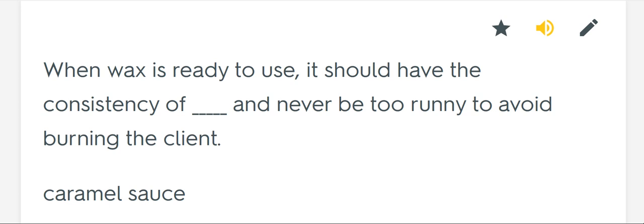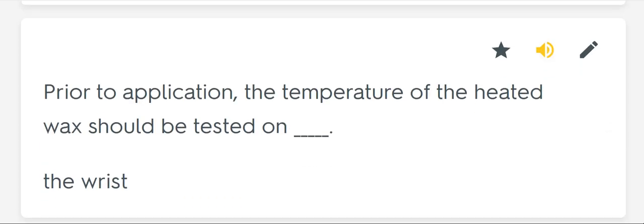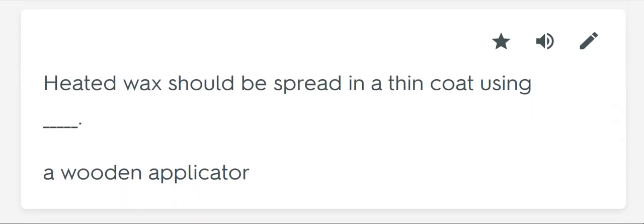Caramel sauce. Prior to application, the temperature of the heated wax should be tested on the wrist. Heated wax should be spread in a thin coat using a wooden applicator.